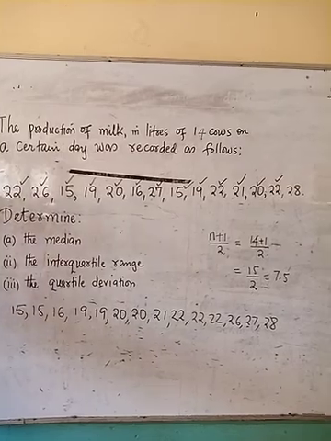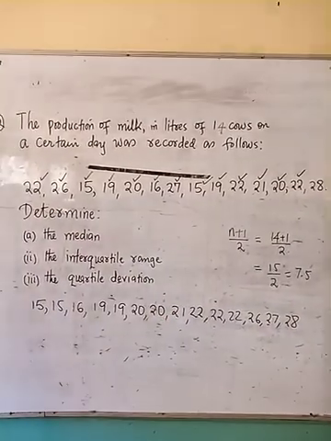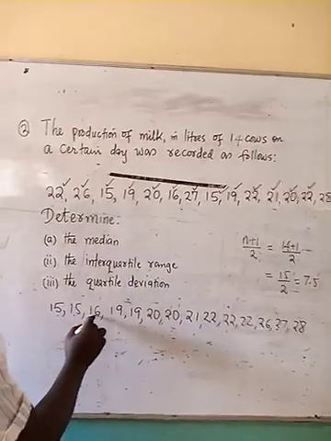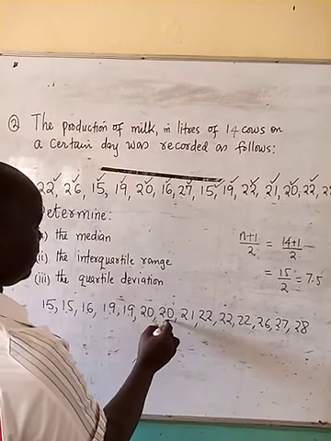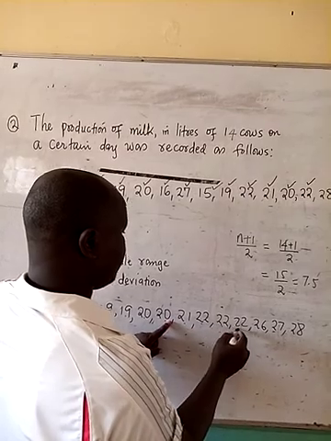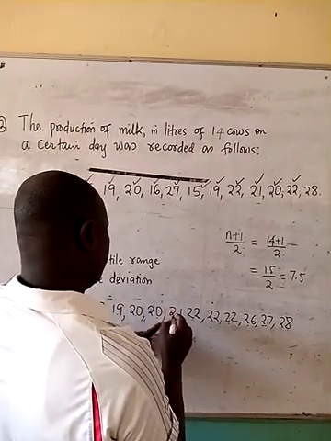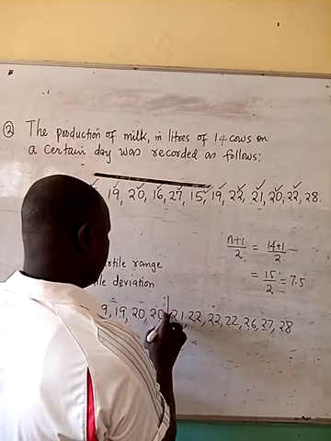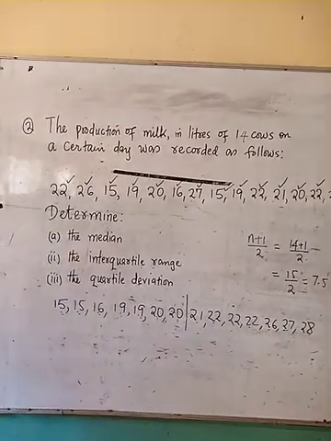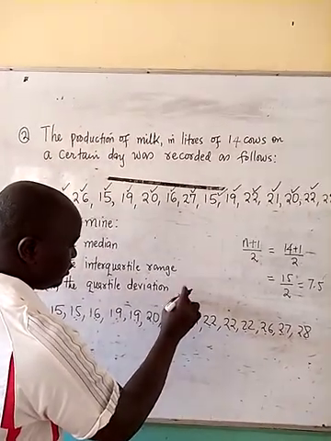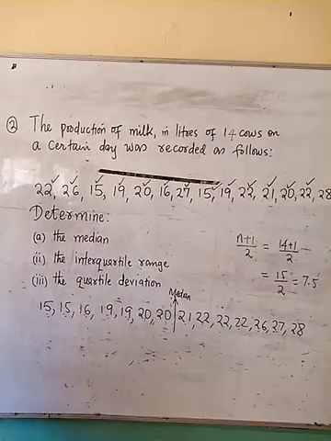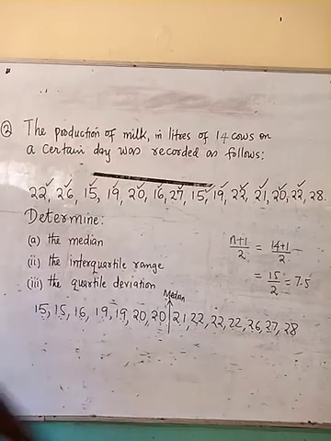So we know that between the 7th and the 8th, that is where the median will be lying. So 1, 2, 3, 4, 5, 6, 7. The median is lying in between here. This is the position where the median lies, between the 7th and the 8th.